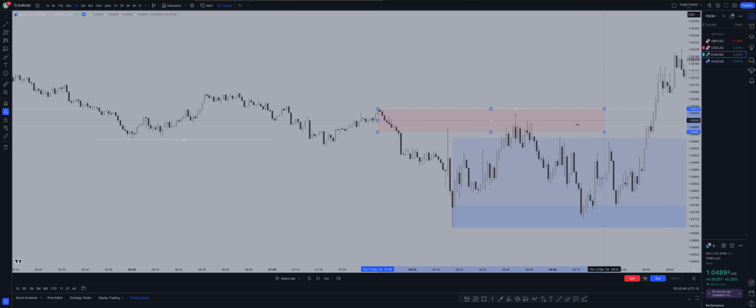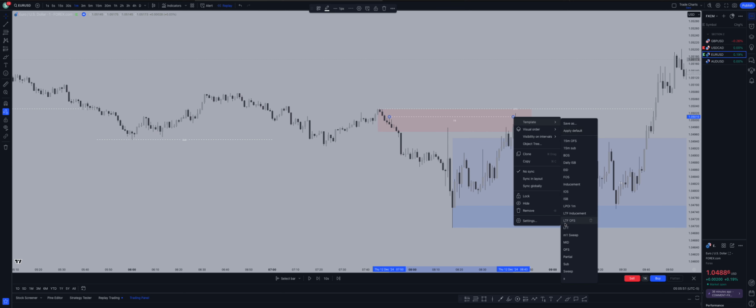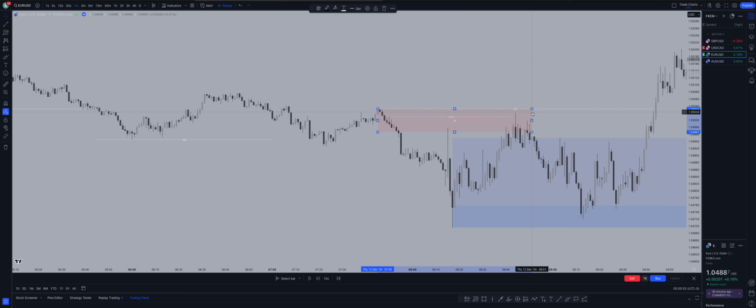As far as this one goes, last point of inducement would be right here. Price came in, tapped. For our stats, this is considered an honorable mention, so not really a valid trade.